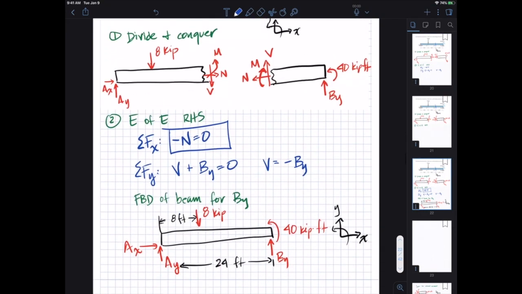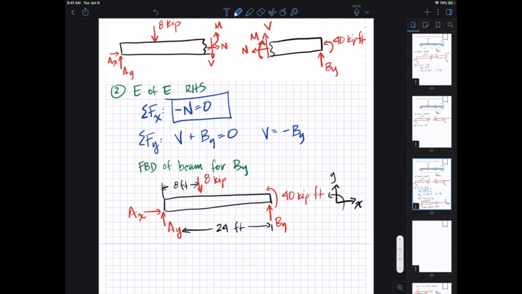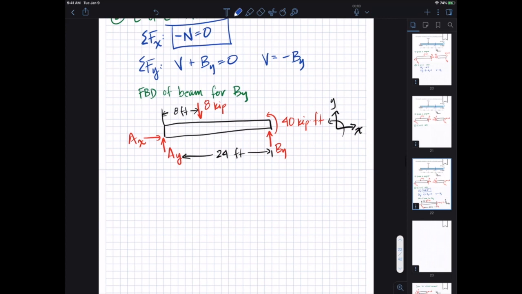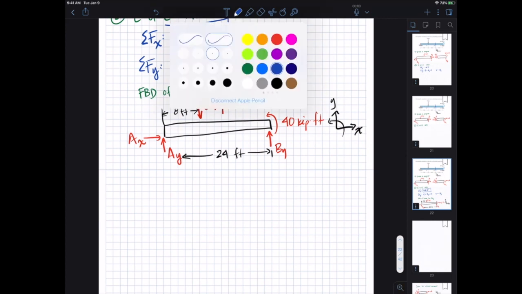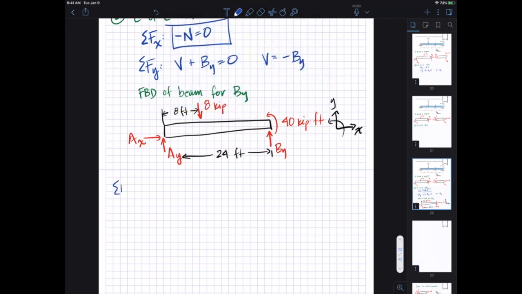All right. So here's the free body diagram I have for the whole beam, and we know our goal is to find By, so we'll go ahead and take the moment about A, right? So the moments about A, we have By times 24 feet, positive moment, our external positive 40 kip feet, and then we have that minus 8 kip external load times 8 feet, its moment arm, equals 0.